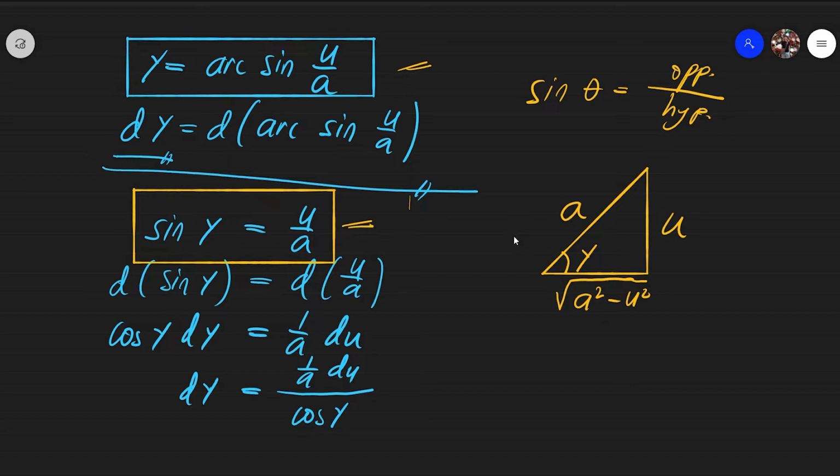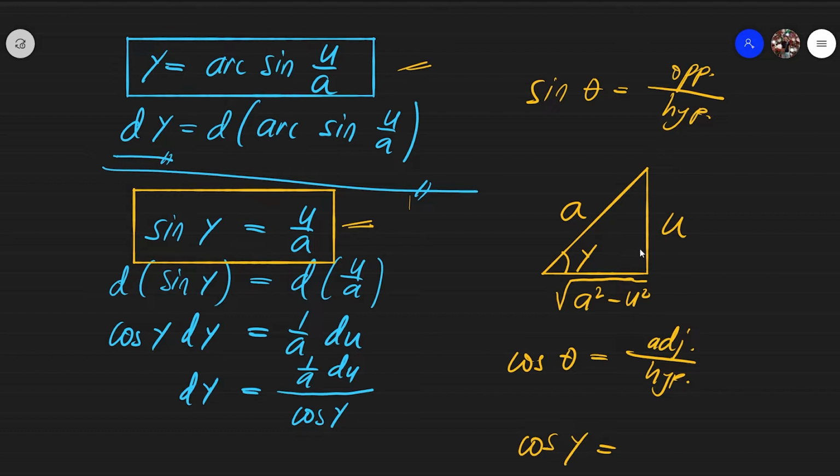Now our concern here is actually the value of cosine y. Take note that cosine theta is equal to adjacent over hypotenuse, di ba? So if you are trying to get the value of cosine y, your angle here is y, and that is equal to adjacent over hypotenuse.